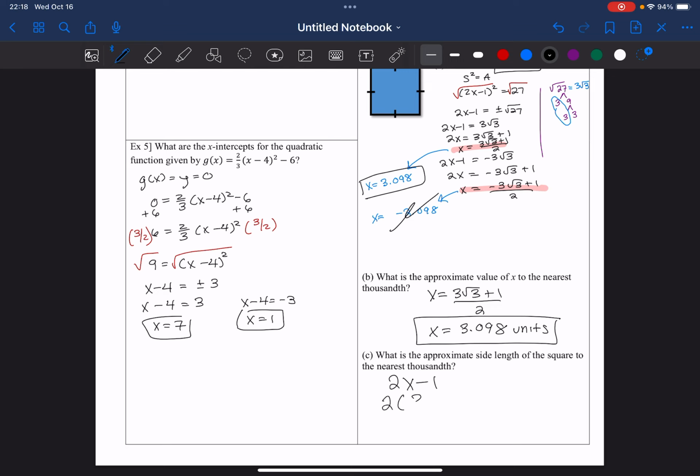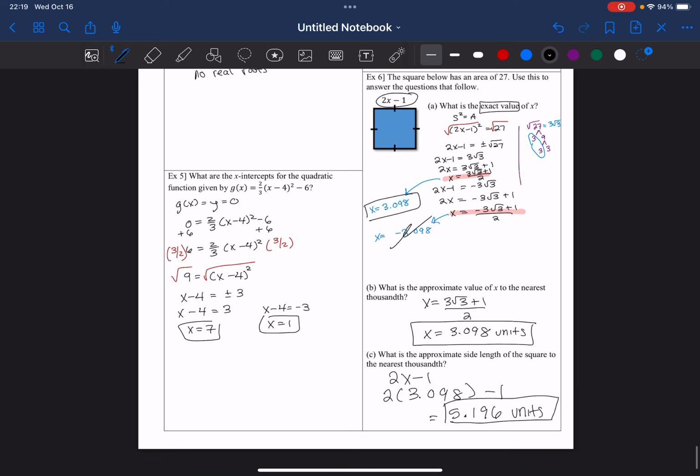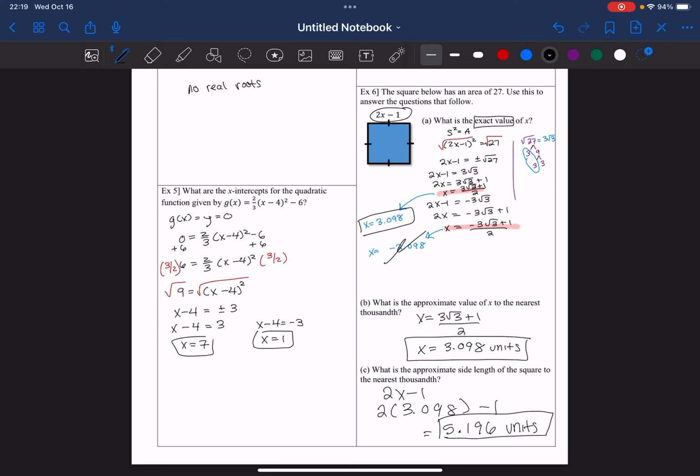So 2 times 3.098 minus 1 gives me 5.196 units.